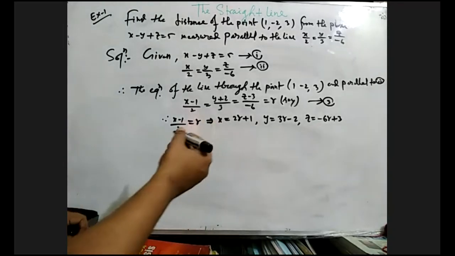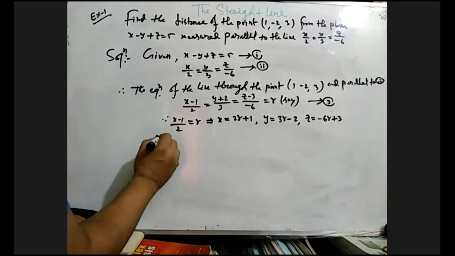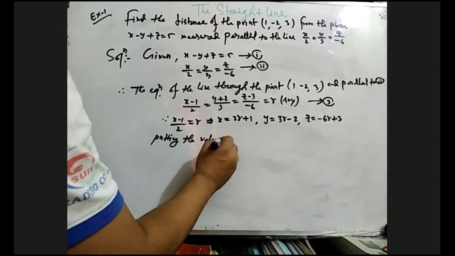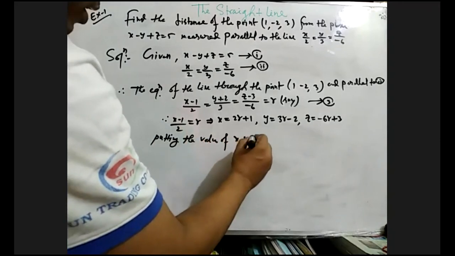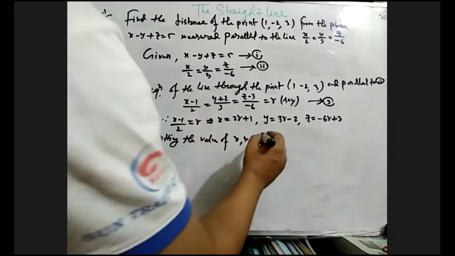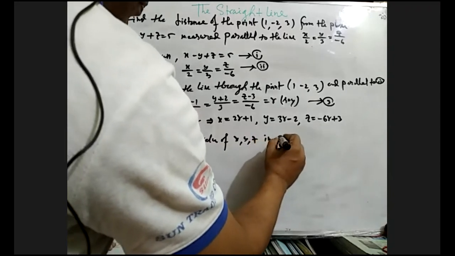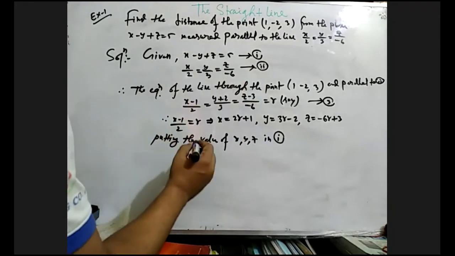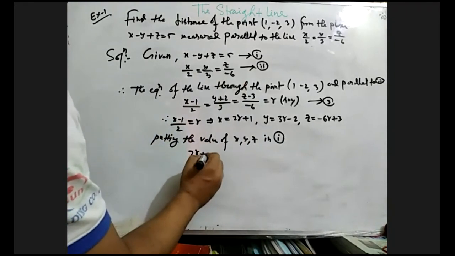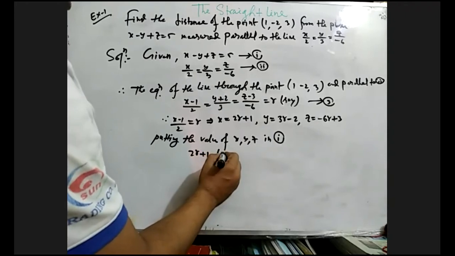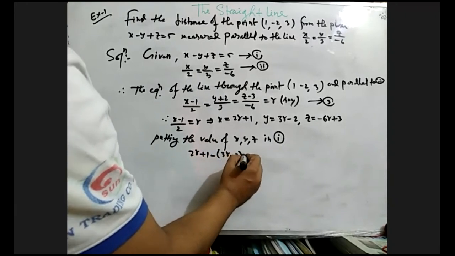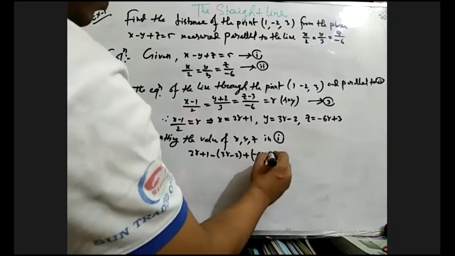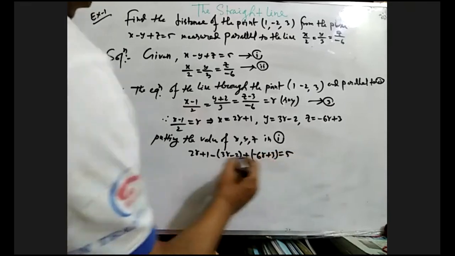So putting the values of x, y, z in equation 1, in the plane 1, we get x, that is twice R plus 1, minus thrice R minus 2, plus z, that is minus 6R plus 3, equals 5.